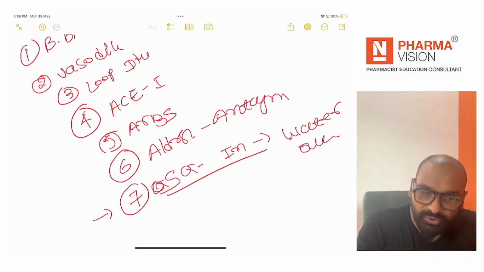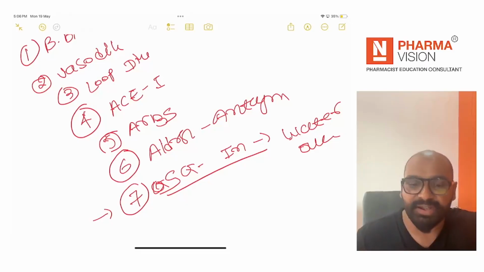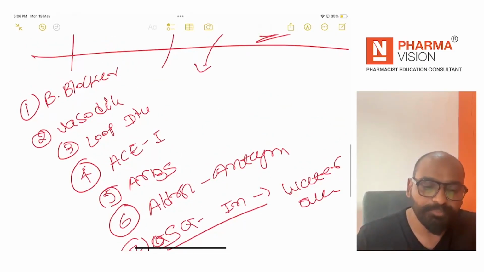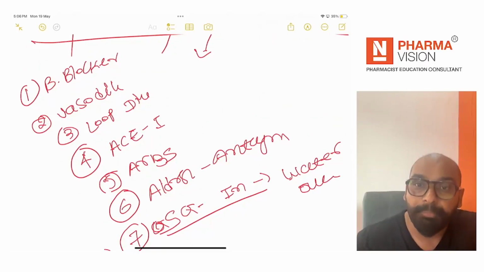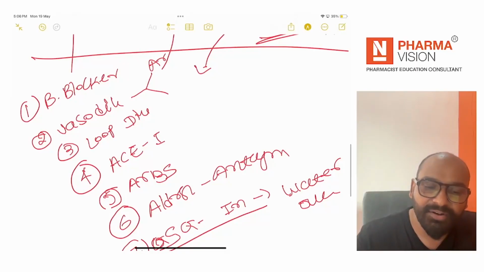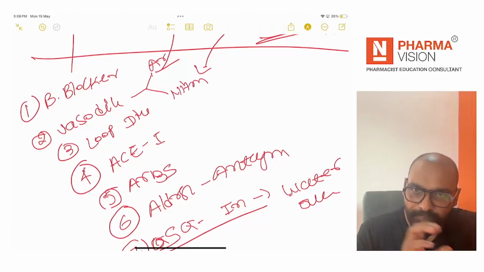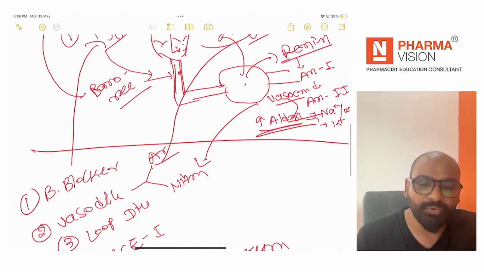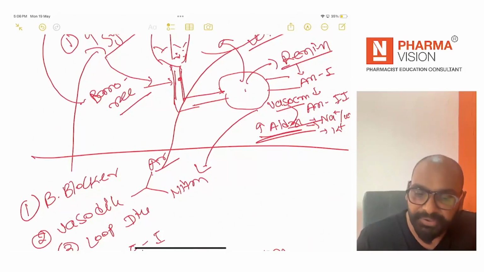Okay, so these are the classes of medications that are normally used for patients suffering from heart failure. So when we are talking about the vasodilatory medications, that's the arterial dilatory medications like hydralazine, and also the venodilatory medications like nitrates. So these are the groups of medications that are normally used for heart failure management.